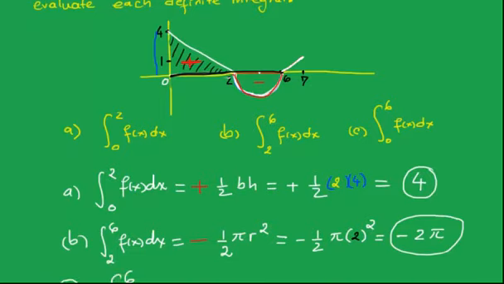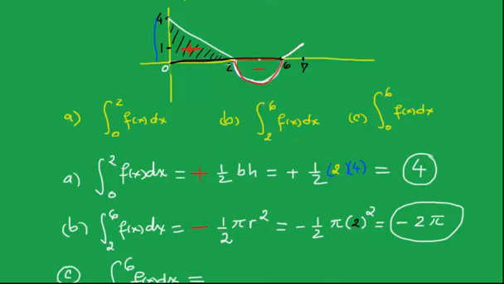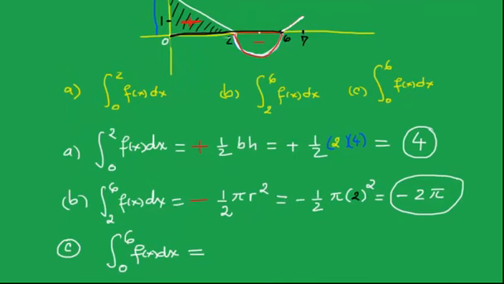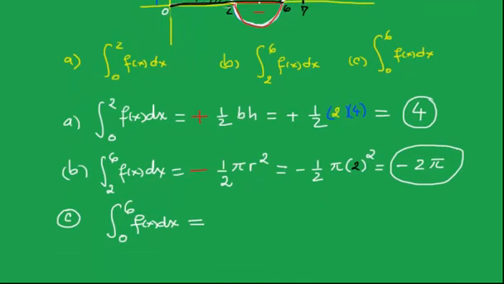So let's go ahead and use the property of adjacent intervals. So we're going to break this into 2. And this is going to be equal to the integral from 0 to 2 of f of x dx plus the integral from 2 to 6 of f of x dx.